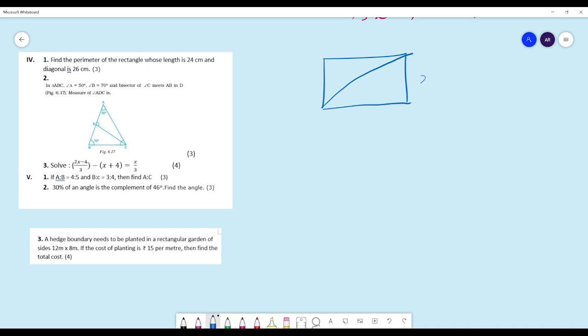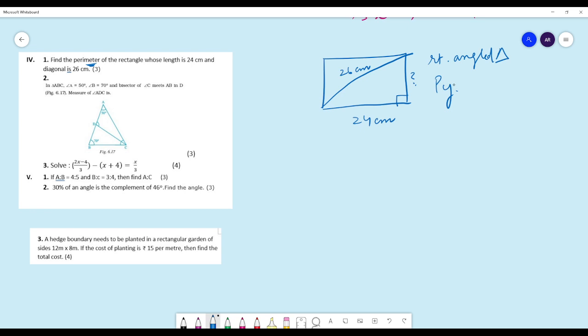This is 24 centimeters and this is 26 centimeters. So now again, if you look carefully, you come up at a right angled triangle. We have to find the perimeter, but we do not know about this side.